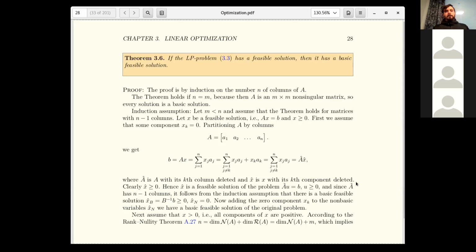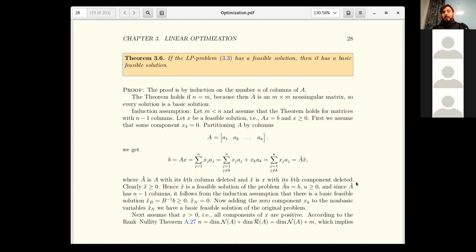The thing is, if the linear programming problem has a solution at all, if it can be solved and it has an optimum, then it's among these basic feasible solutions. This is the important and powerful theorem here.